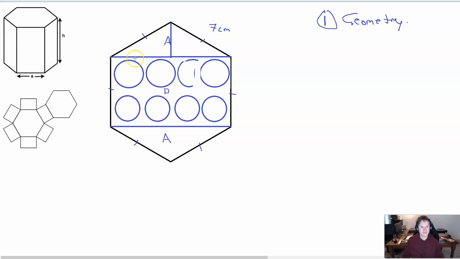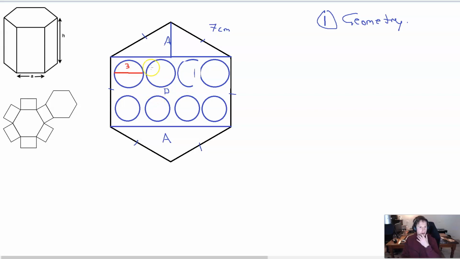Now, if I have the diameter of each one of those glue sticks, okay, and you've already calculated this, then I could figure out exactly how long I'd want that hexagon to be, and then how high I want that hexagon to be. So let's say, for example, my diameter is 3.